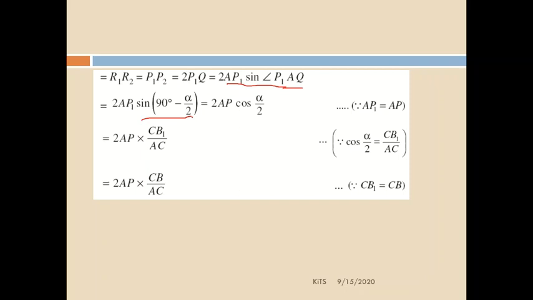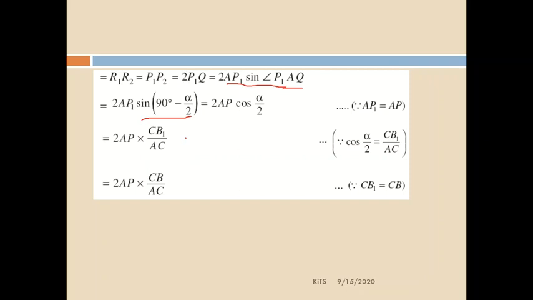Sine 90 minus alpha by 2 will be equal to cos alpha by 2. Sine 90 minus theta equals cos theta.